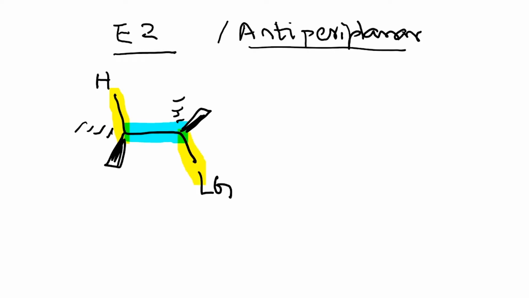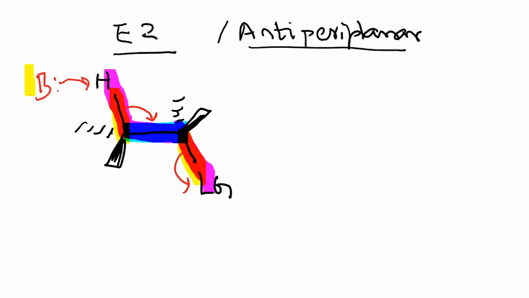So you have this kind of an arrangement, and of course, just to be complete, the base is attacking here, and then you have the formation of the double bond and the leaving group leaving. What anti-periplanar means is that when you draw a plane that encompasses this and this, they're all in the same plane. So this is what we mean by anti-periplanar relationship. This is something that you have already studied previously.